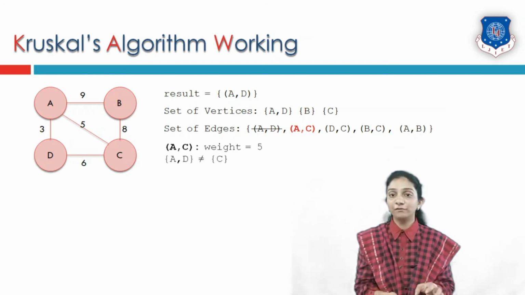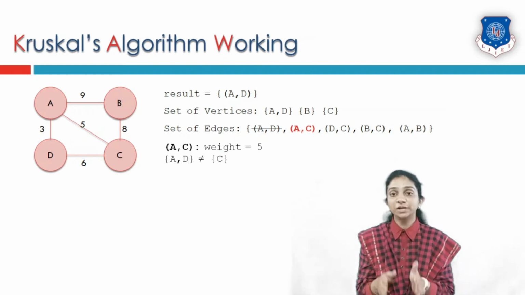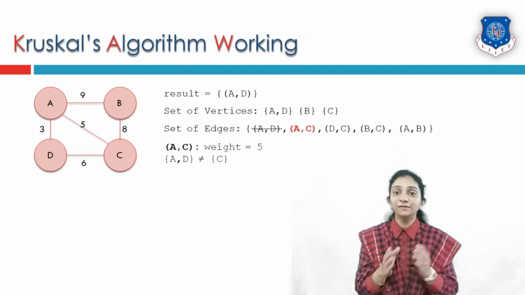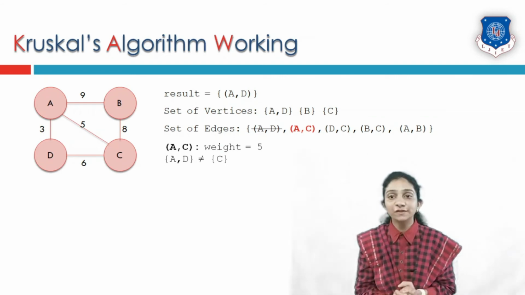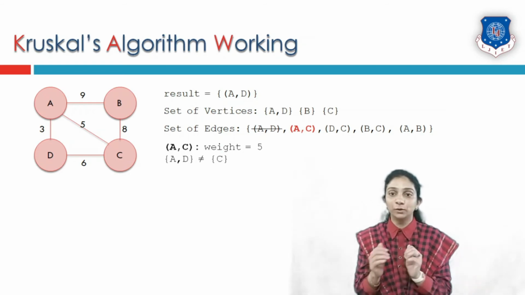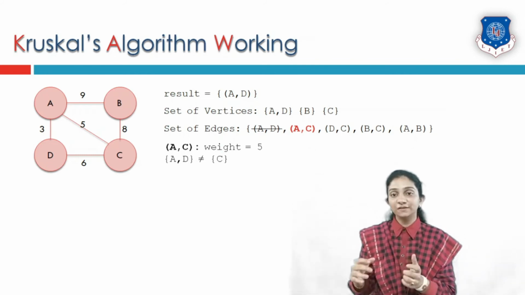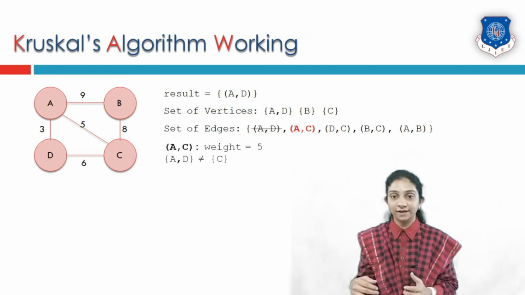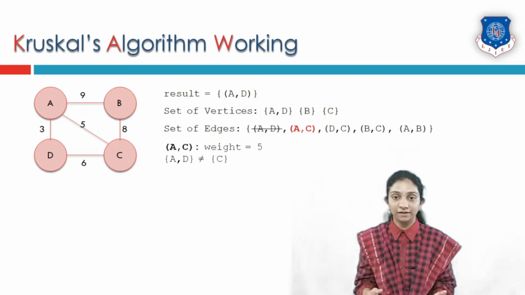Here we have to compare two sets of vertices, the set which contains vertex A and the set which contains vertex C. From the set of vertices you see that vertex A is combined inside one set with vertex D, and vertex C is separately in a different set. So these two sets have different elements.